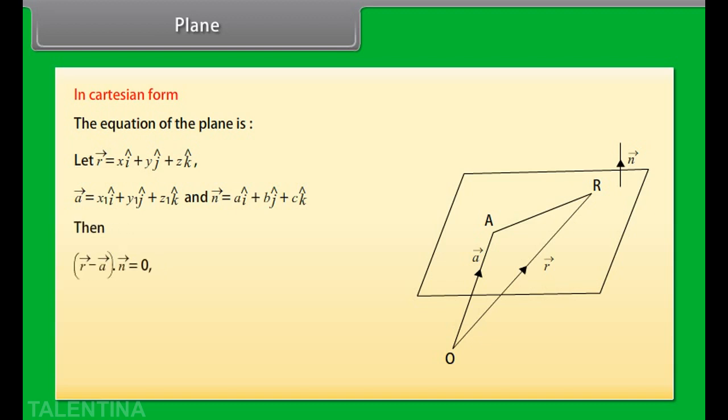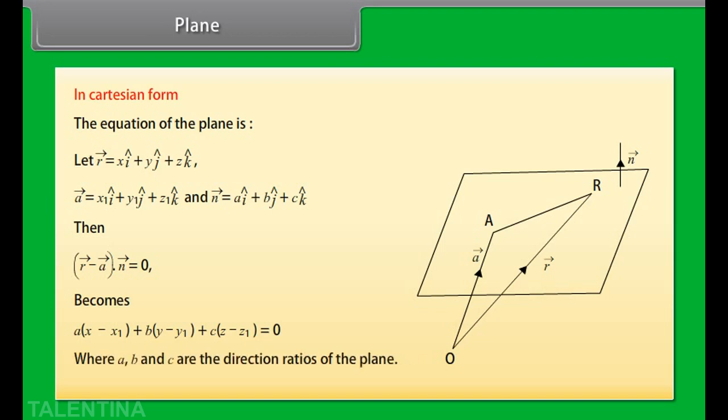Then the dot product of (vector r minus vector A) and vector n equals 0 becomes a(x minus x1) + b(y minus y1) + c(z minus z1) = 0, where a, b, and c are the direction ratios of the plane.